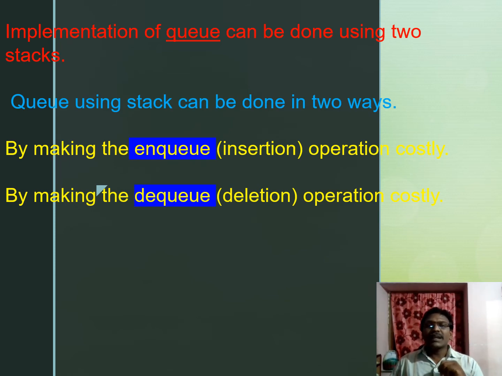Queue using stack can be done in two ways: by making the enqueue, that is the insertion operation, costly, or by making the dequeue, the deletion operation, costly. Enqueue is generally used for insertions, and dequeue is used for removal.